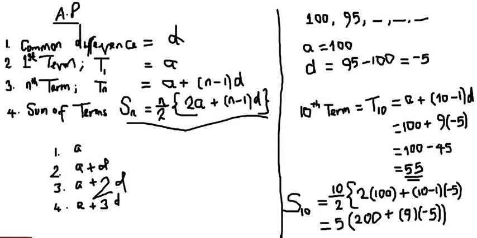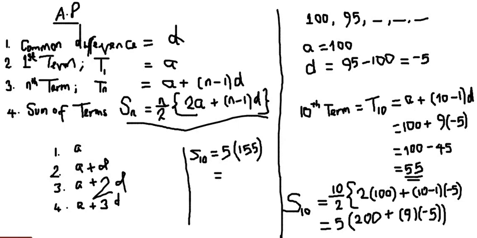So our final answer, you can write it here, S10, the sum of the first 10 terms, will be equal to 5 times, in brackets, 155.